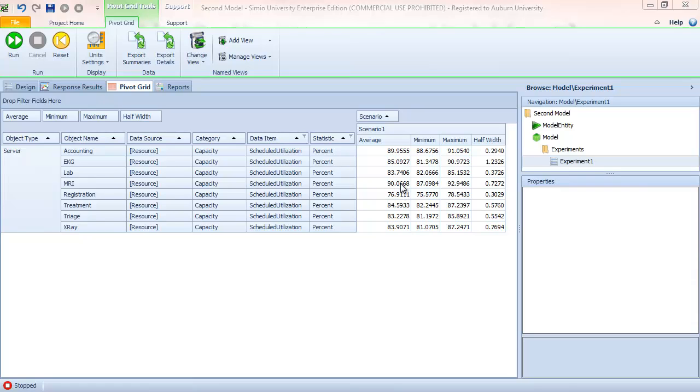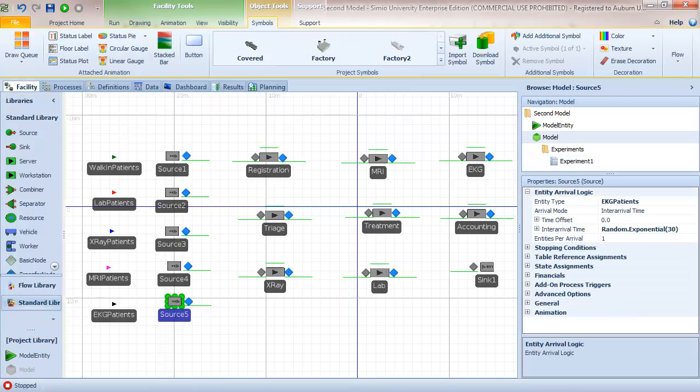MRI is fine. Lab is fine. Treatment, it's treatment. So EKG and treatment seem to be a little off. So let's see if we can figure out whether there is a problem or whether it's just random chance. Let's go back to our model and look at these two processes.